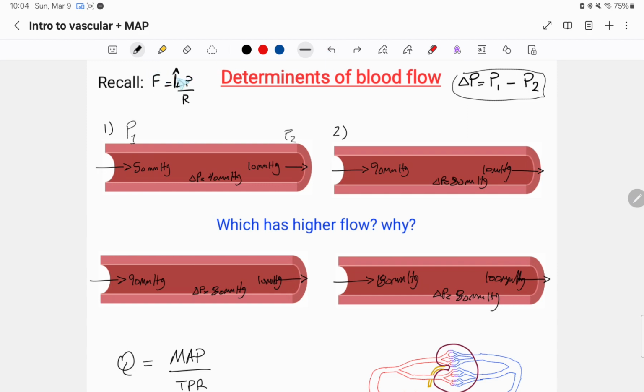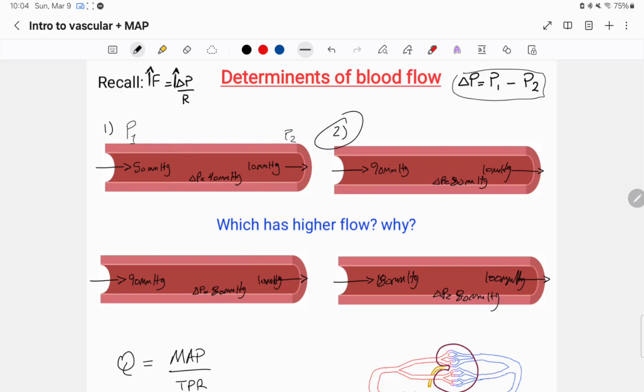So if my change in pressure is high, that means that my blood flow would be high, okay? And you can see that here. My change in pressure was 40, so my flow was about average. My change in pressure here is 80, and my blood flow is much higher than it was initially, okay?